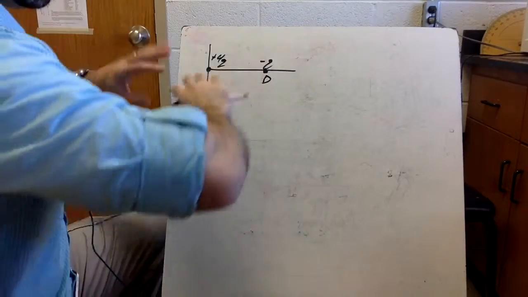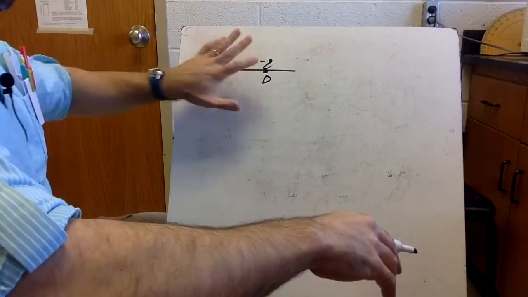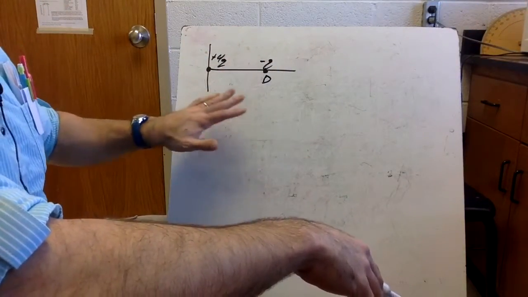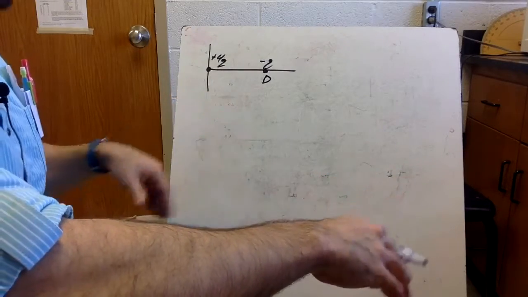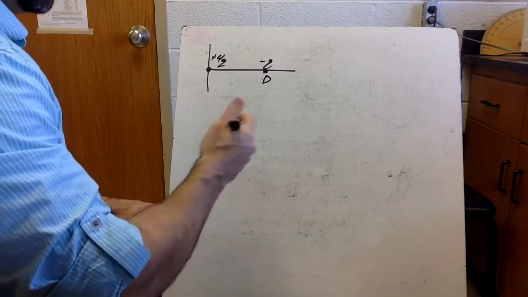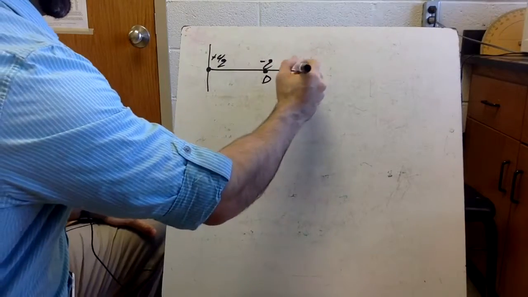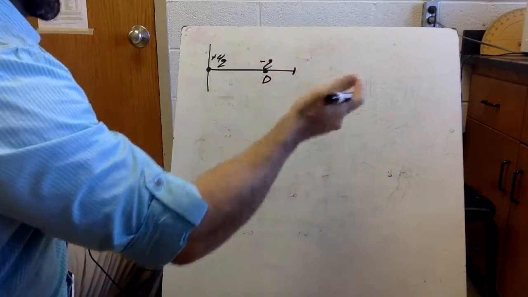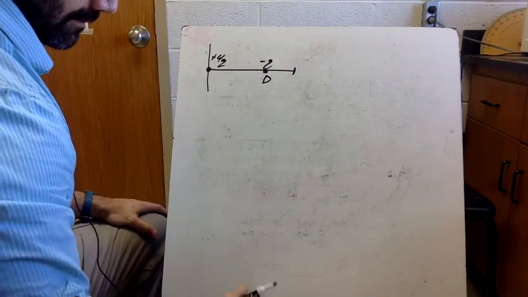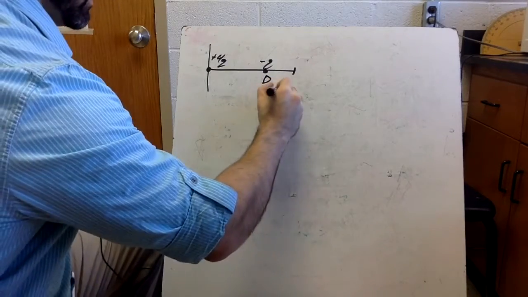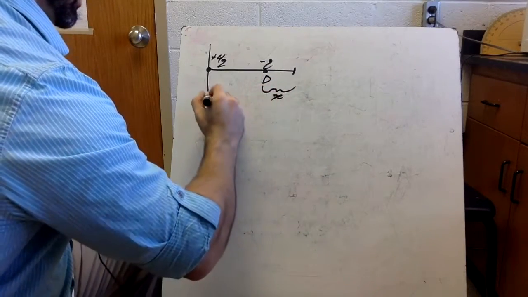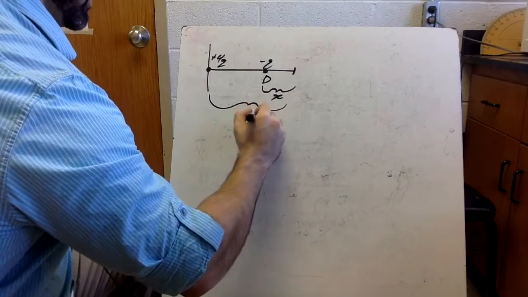Because think about it, from a very, very far distance, what does this look like? This looks like a plus 3Q charged object. And so we're going to be somewhere over here. So let's just put it here for now, and we'll call this distance x. That means this distance is d plus x.